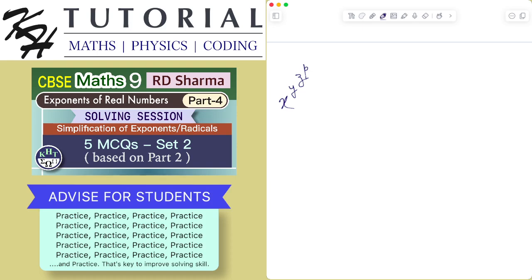First you find z to the power p, which I assume to be a, just for the sake of discussion. So this becomes x to the power y to the power a.